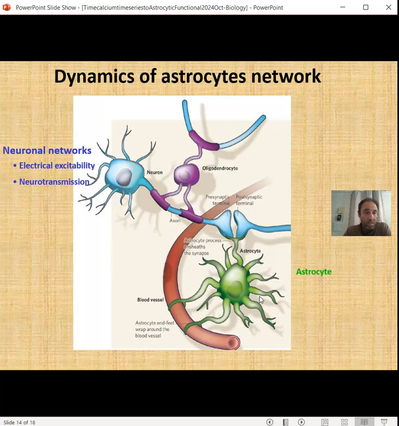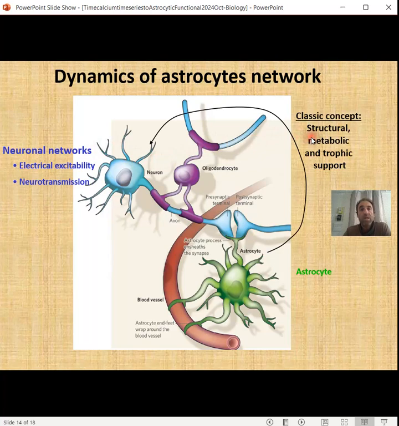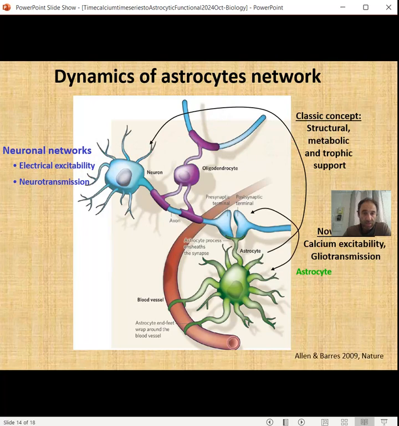So this is again the challenge of the classical view that astrocytes were simply providing nutrients and the environment for neuronal activity, to the concept that actually they can regulate the neuronal activity through multiple feedbacks.